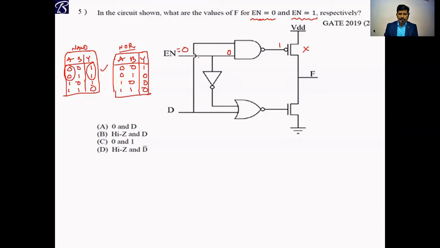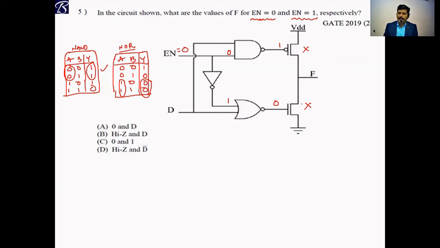Coming to this side, En equal to 0, this becomes 1 because of this NOT gate. And observe the NOR gate, whenever one of the inputs is 1, what is the output? It is 0. That means this is also switched off, because it is NMOS, right? NMOS will be switched on whenever the input is 1 only.